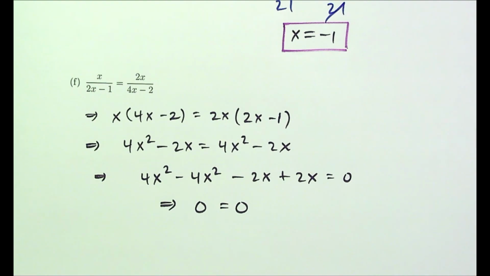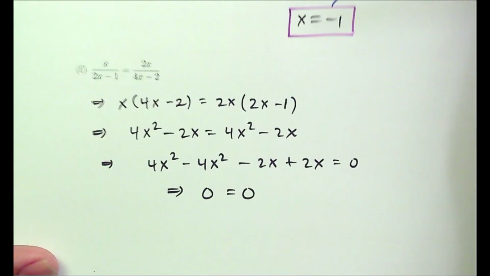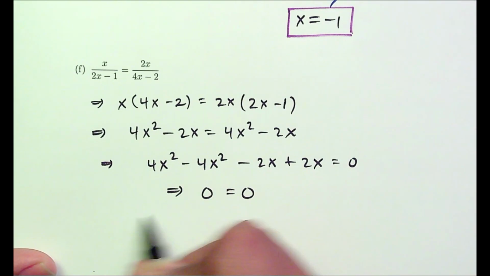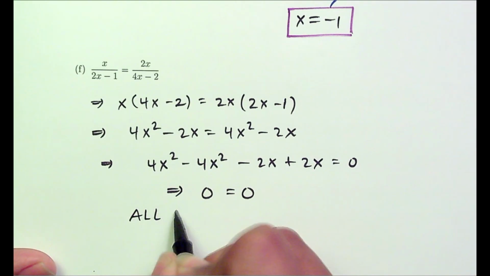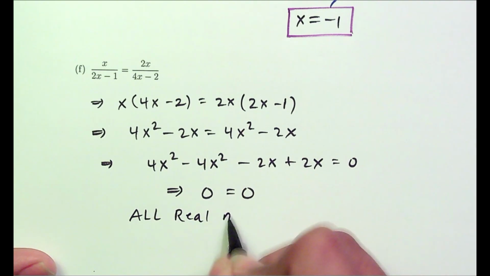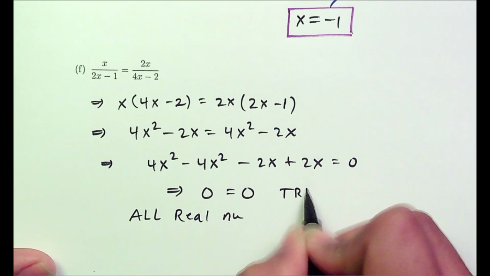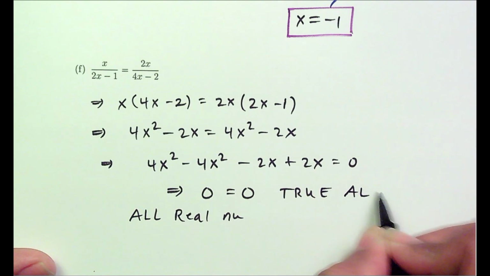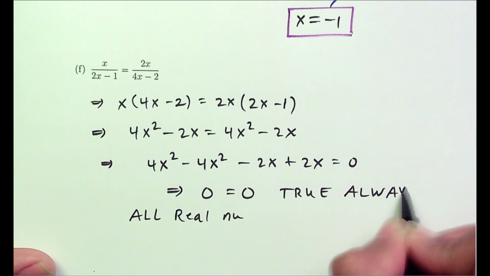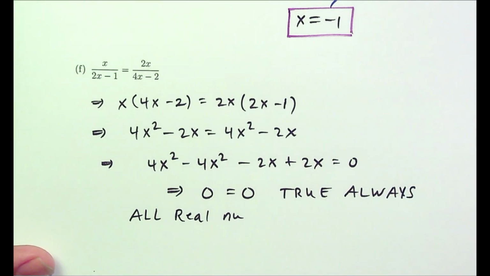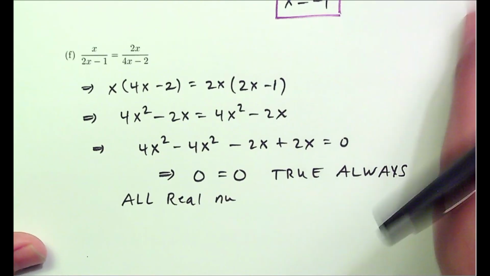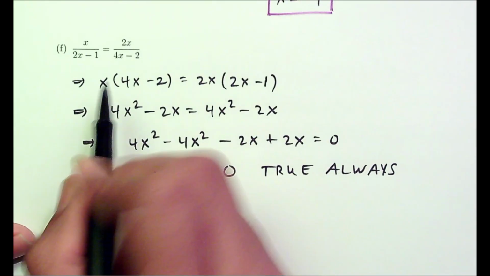With the exception, of course, of the ones that make the bottoms 0. So that means all real numbers, because this is always true. 0 equals 0 is true always. So that means any number is a solution, except when the original equation becomes 0 on the bottom.